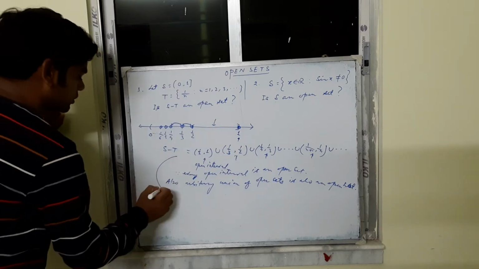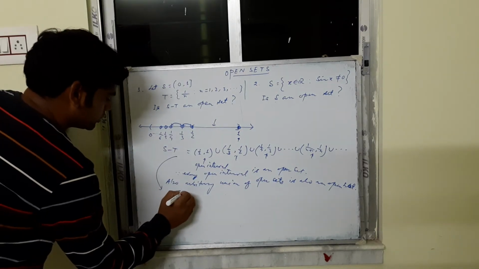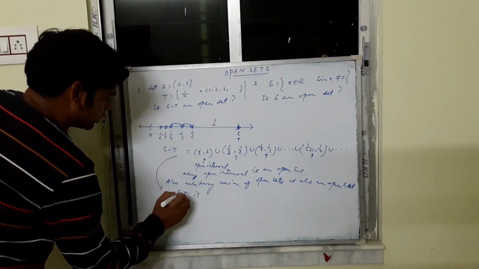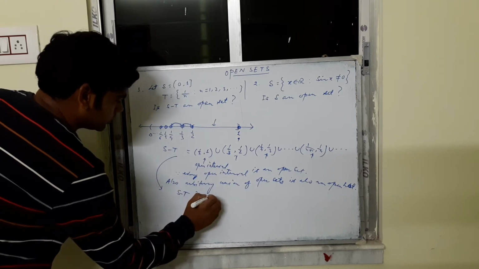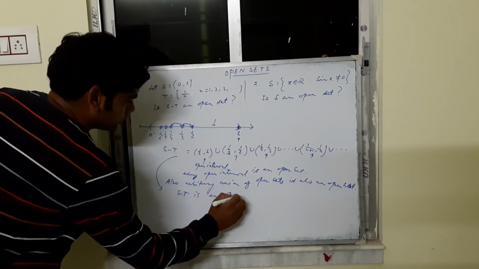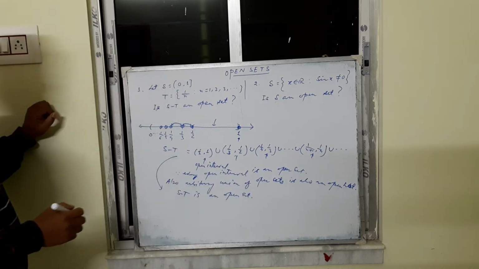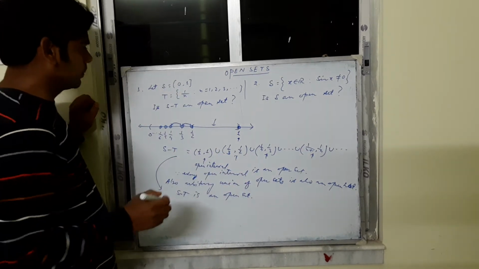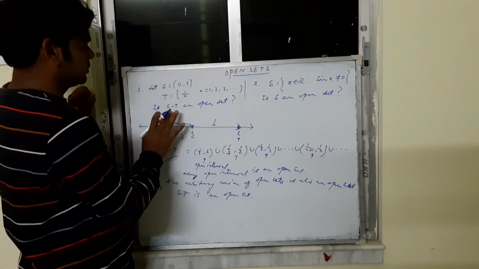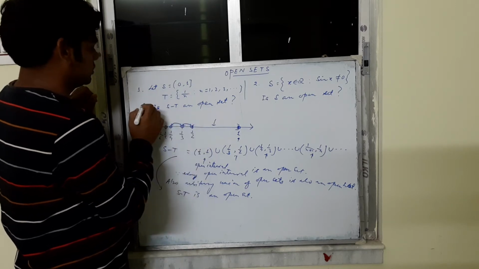So the conclusion is that S minus T is an open set. So the first one is solved. So S minus T is an open set.